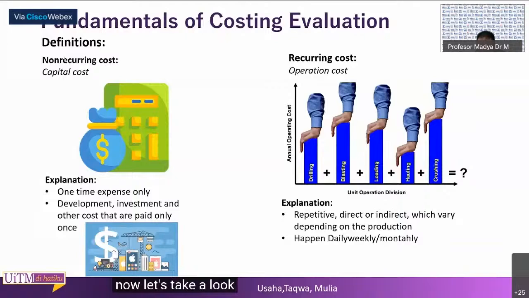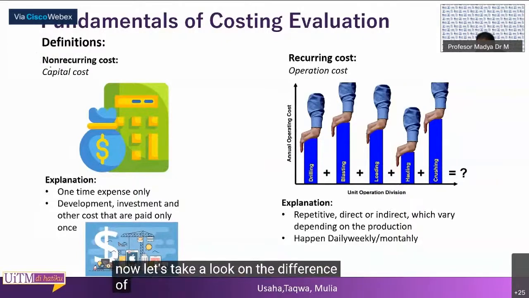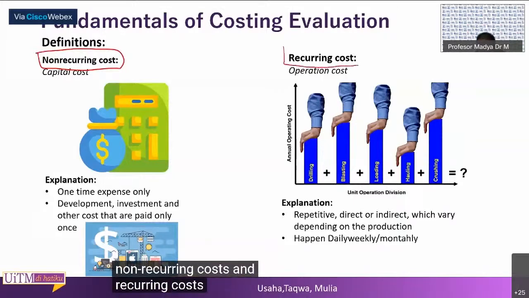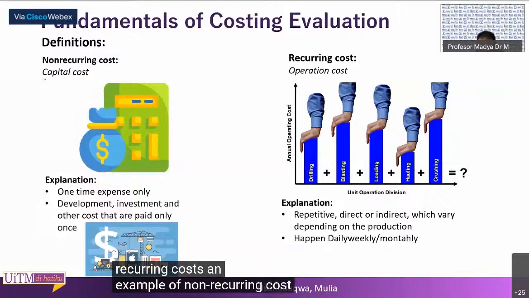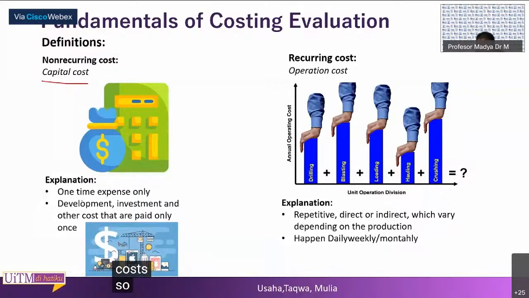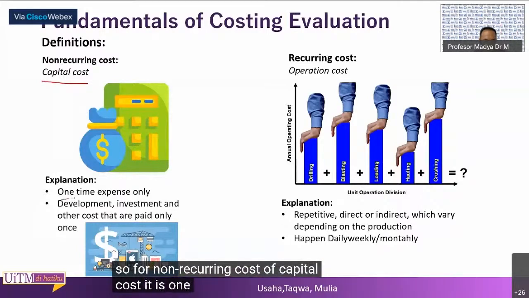Now let's take a look at the difference between non-recurring costs and recurring costs. An example of non-recurring cost is capital cost. So for non-recurring cost or capital cost, it is a one-time expense only.